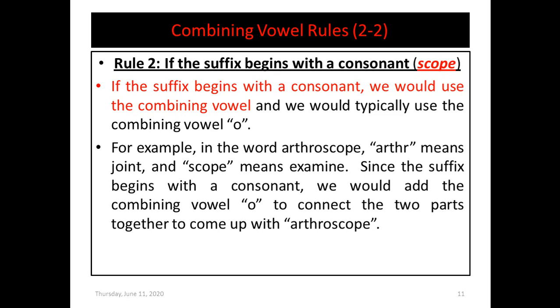So since the suffix begins with a consonant, we would add the combining vowel o to connect the two parts together to come up with arthroscope. So if there is a consonant, we have to add this vowel. Arthro means the joint, scope means the way to examine.